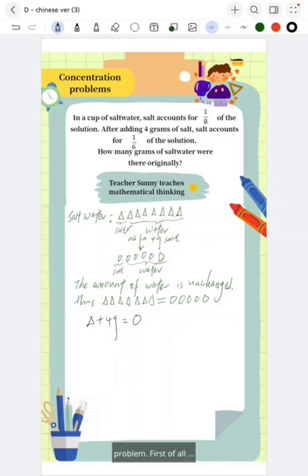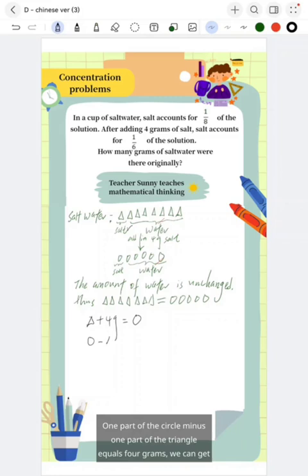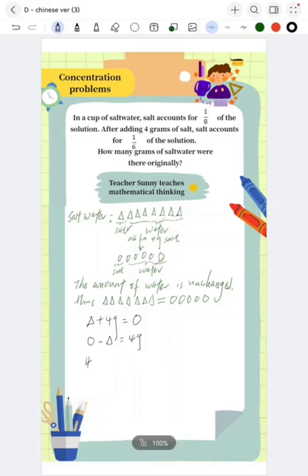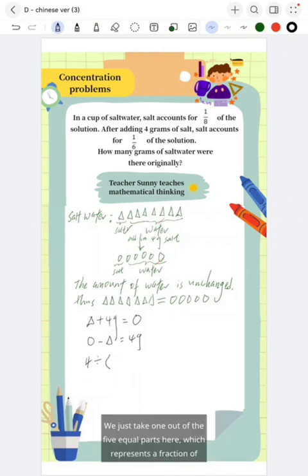First of all, 1 part of the circle minus 1 part of the triangle equals 4 grams. We can get the amount and ratio. The amount is 4 grams, divided by this fraction. What is the fraction here? We just take 1 out of the 5 equal parts here, which represents a fraction of 1/5.